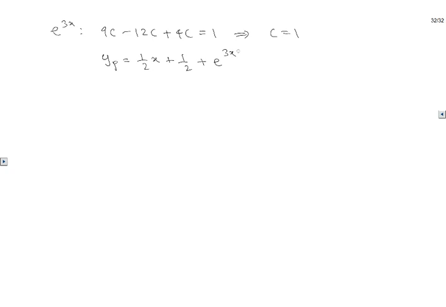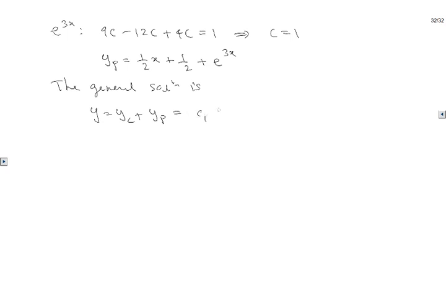So therefore the general solution is given by y equal yc plus yp.